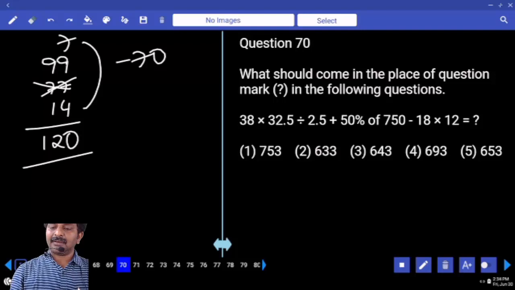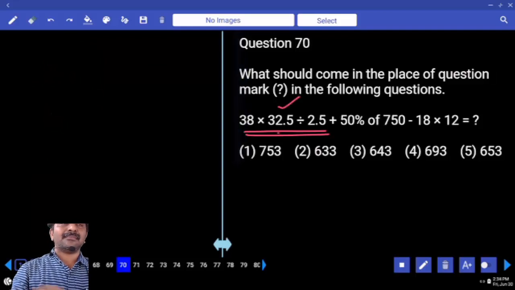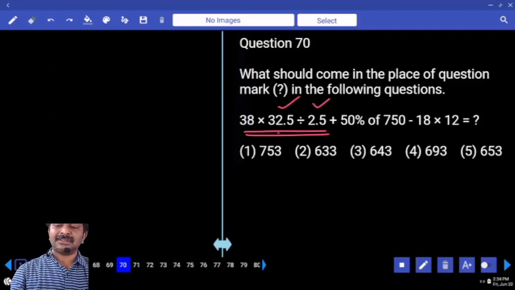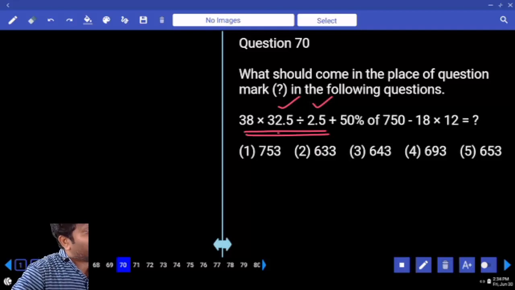Yes? Now let's see. This is one term, right? In numerator there is a number which has decimal, and in denominator also there is a number which has decimal. And both have one digit after decimal, correct? So we can write it as 325 divided by 25. In 100 how many 25s will be there? In 300, 12.